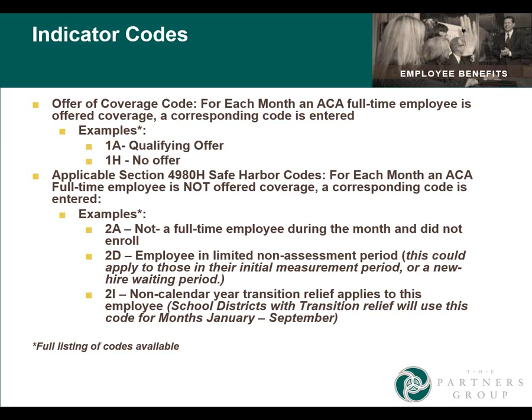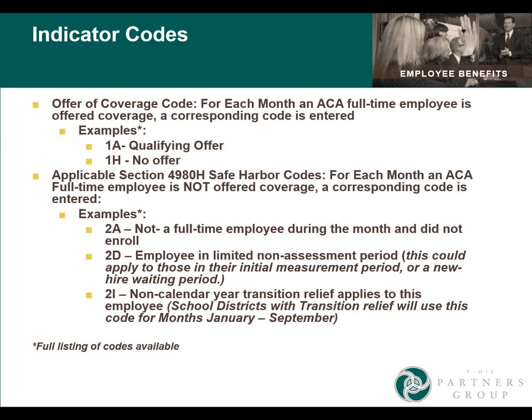These are the codes that would basically exempt you from penalties for each month that an ACA full-time employee is not offered coverage. Some examples would be 2A, which is you were not a full-time employee during the month and you didn't enroll, or 2D, which is the employee is in that limited non-assessment period. This would apply to substitute teachers, for example, that are in the measurement period.